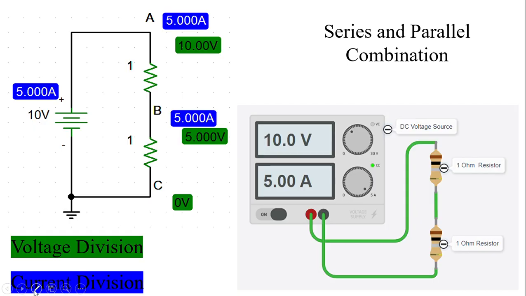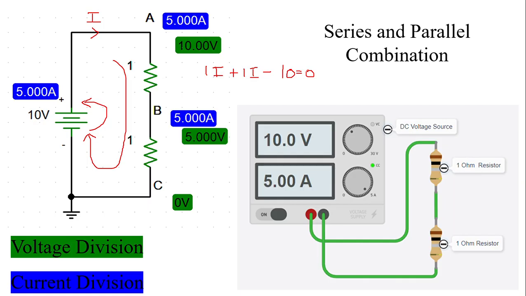If you apply KVL in this mesh, let us assume the current is I. From A to B, this is 1 into I plus 1 into I minus 10 volts is equal to 0.